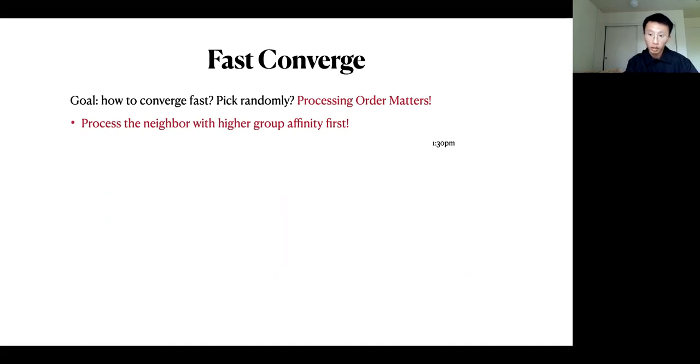The intuition behind this is that a neighbor with a higher group affinity to the query device often has a higher impact on its room localization. If we deal with these devices early, it would help terminate the algorithm faster.